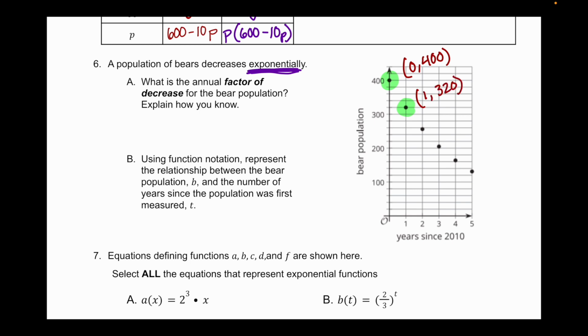So we are going to use 320, and we're going to divide it by 400. This will give you either 4 over 5 or 0.80.